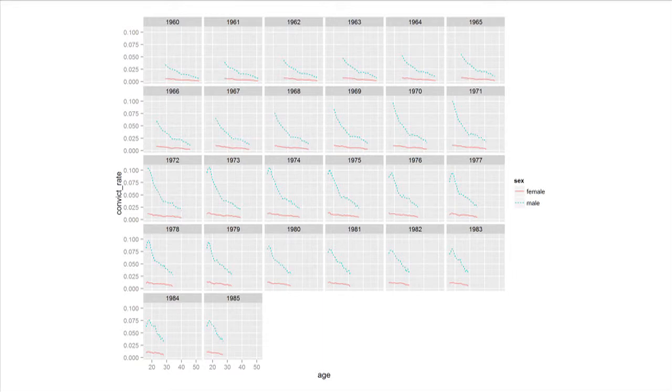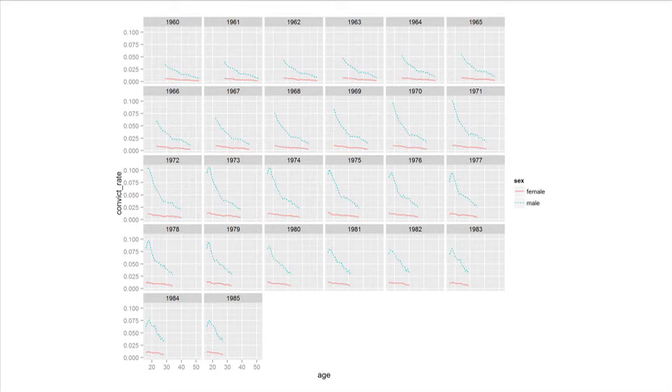You can see for these birth cohorts there is a kind of stalling in the decline of the conviction rate from about the age of 32, 33, 34 up to about the age of 40. So there was a kind of holding back of the age-based decline in the conviction rate that might be expected.